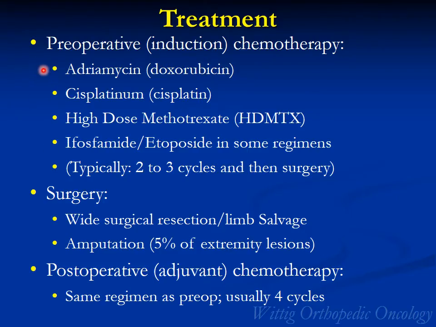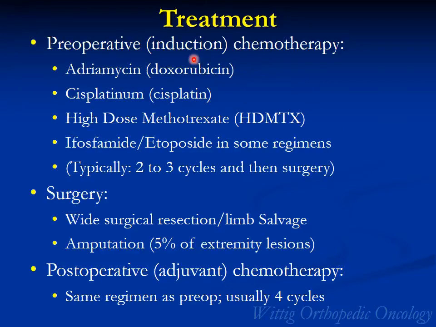The treatment for a conventional osteosarcoma consists of preoperative or induction or neoadjuvant chemotherapy, followed by surgery, followed by postoperative chemotherapy. The standard preoperative chemotherapy regimen includes adriamycin, which is also called doxorubicin, cisplatin or cisplatinum, and high-dose methotrexate.